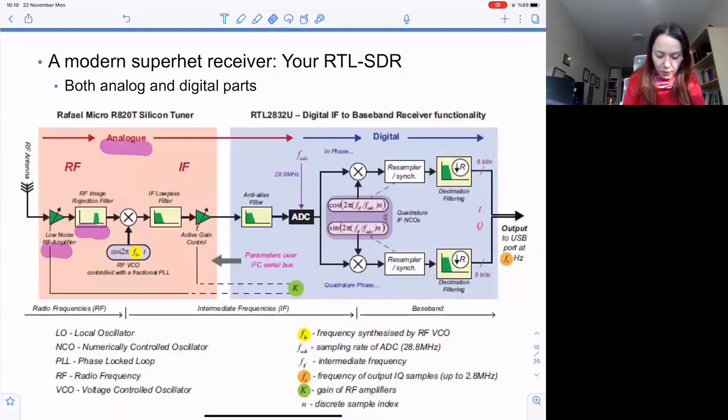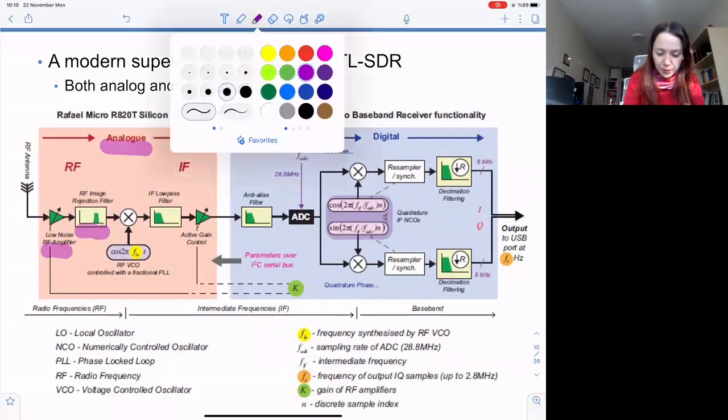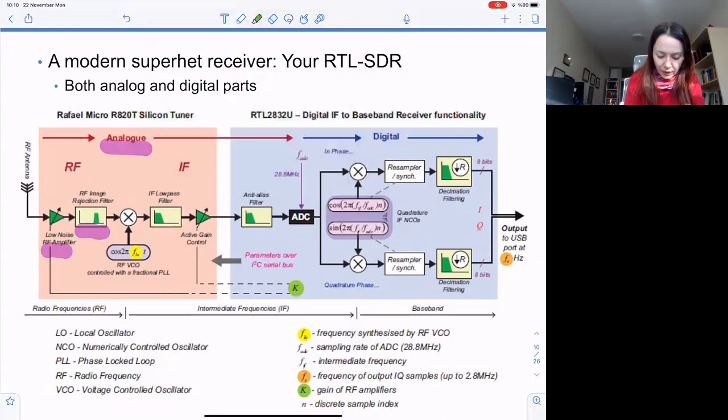Now the FLO is controlled by a PLL, a fractional phase lock loop, in order to bring the signal directly to baseband. So IF is baseband in this case, meaning FLO is tuned to the FRF. And then there's an active gain control, which we will be defining a few slides later.